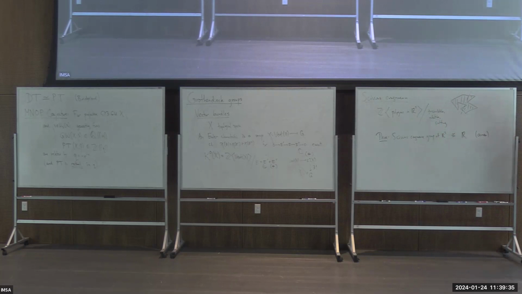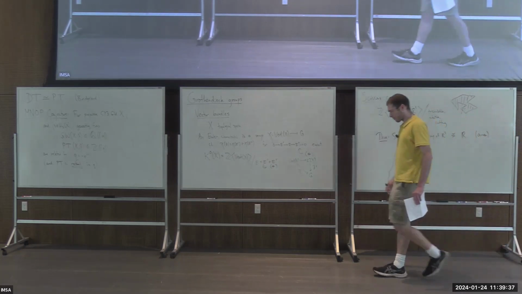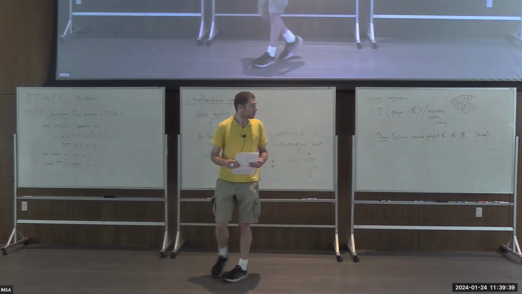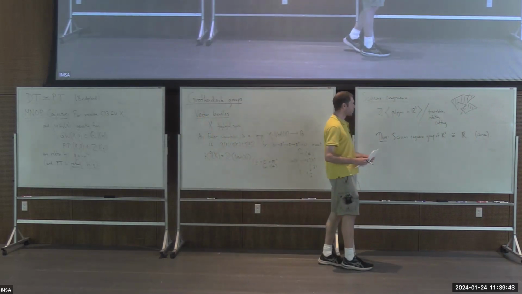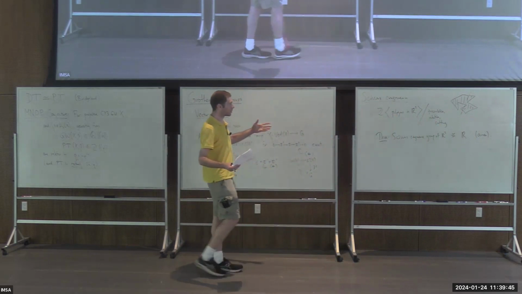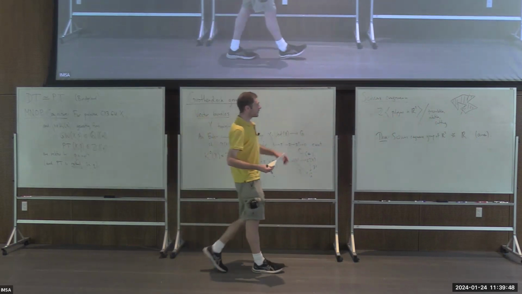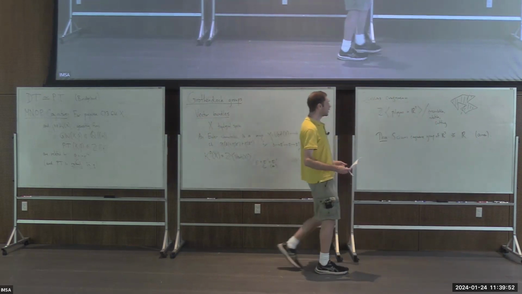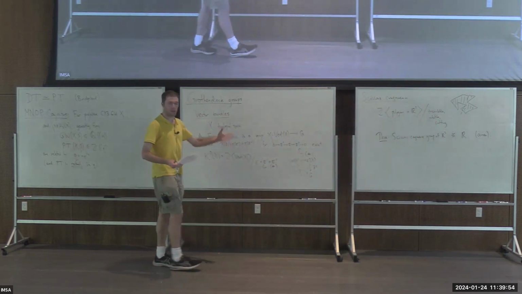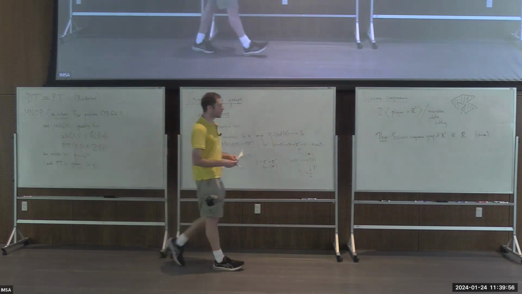So you might ask, well, is there some exotic notion of area? Some way of associating some element of an abelian group to any polygon in R2, which is translation invariant and rotation invariant? And this theorem says that there's nothing of the sort.